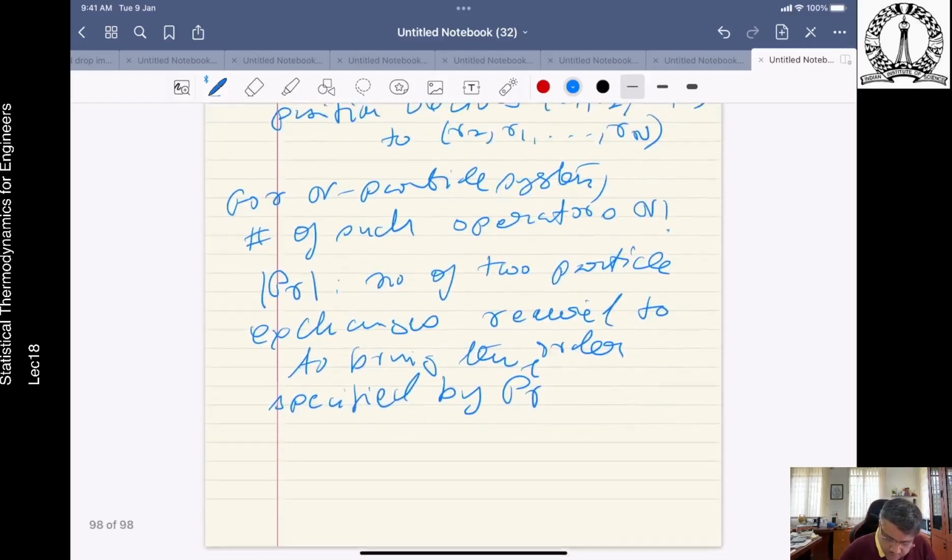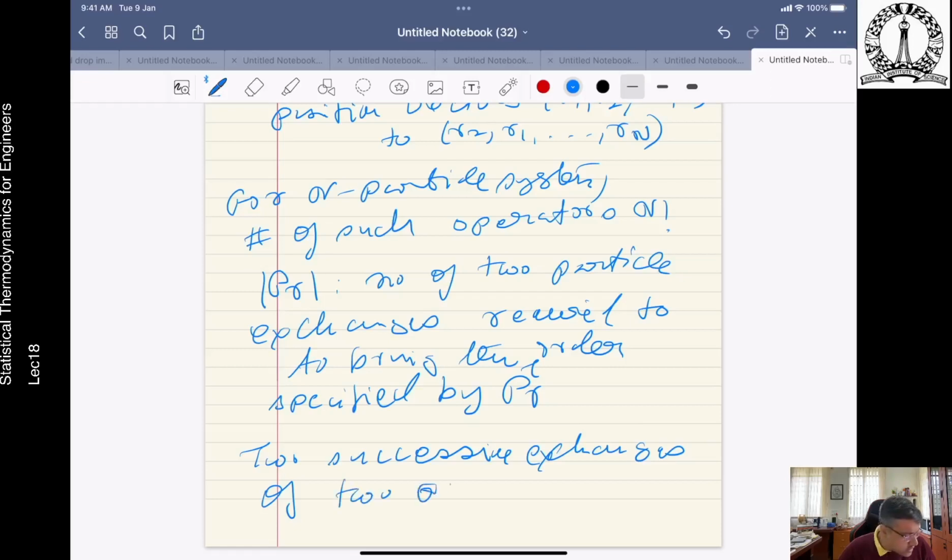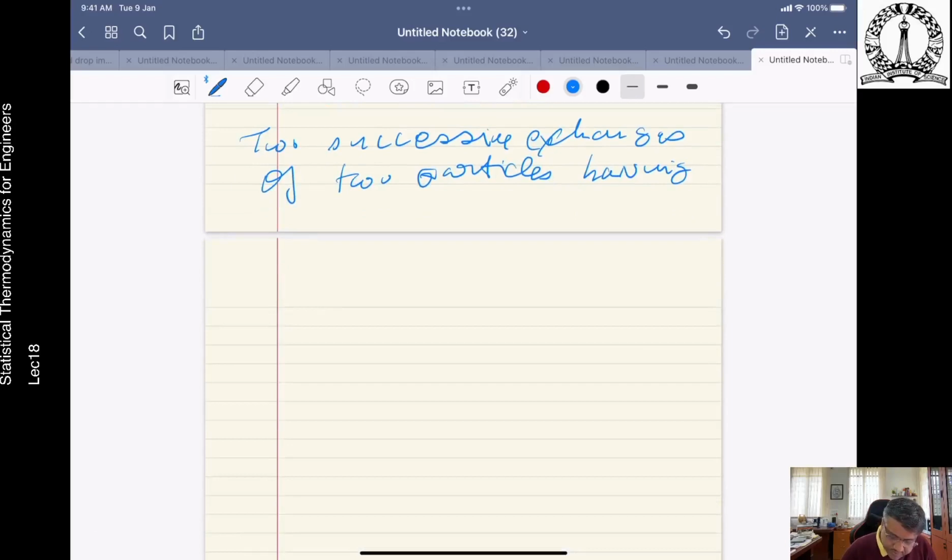So two successive exchanges of two particles having an anti-symmetric wave function will yield the original wave function.